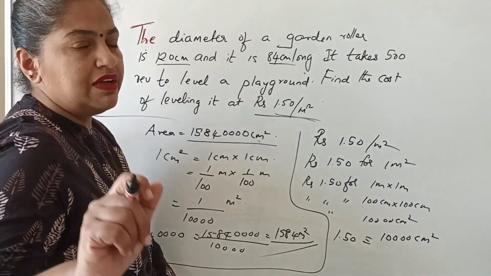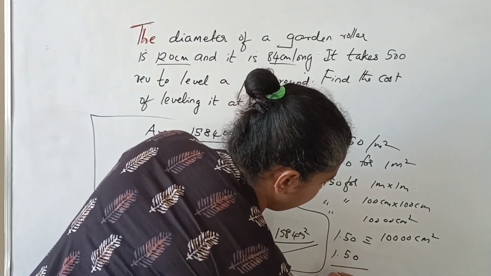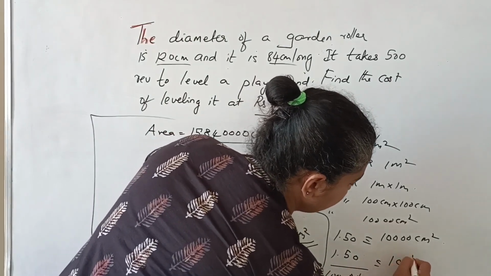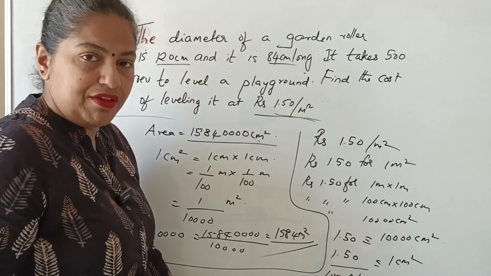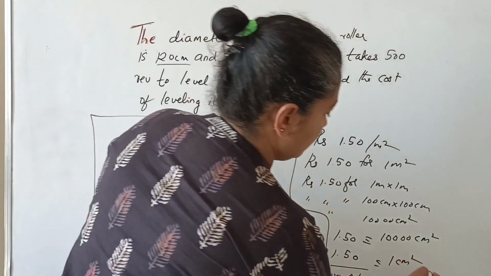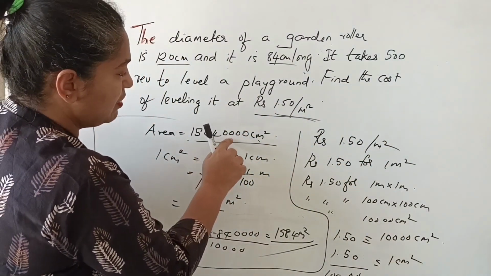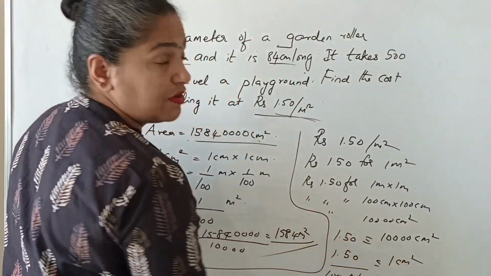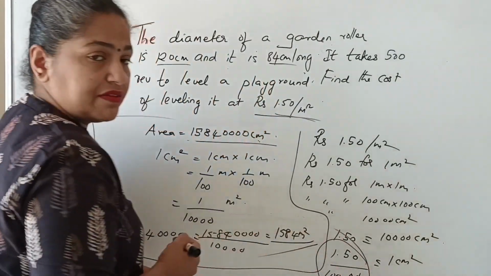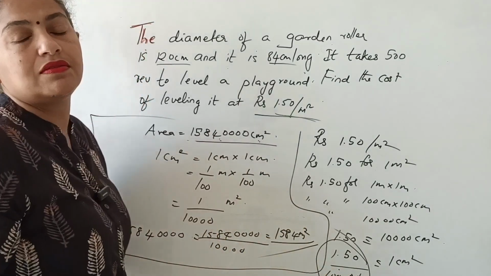So for 1 centimeter square, what is the price? How many centimeter square do we have now? 14840000, so much of centimeter square we are having. For 1 centimeter square, this is the price. So for this many centimeter square, multiply with this.